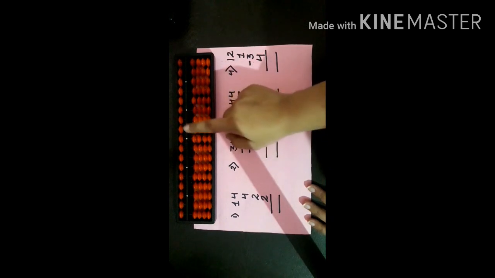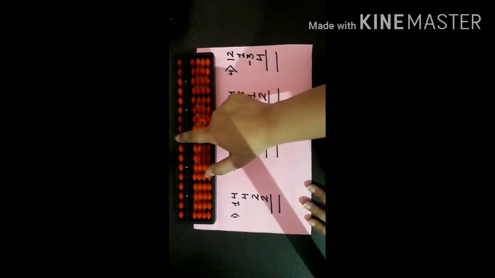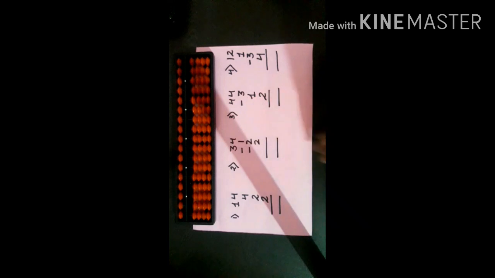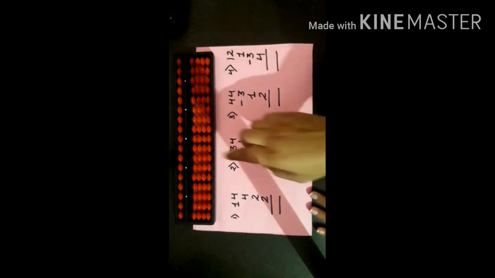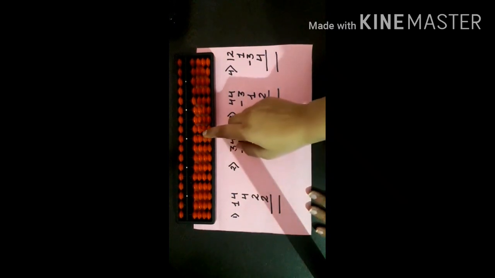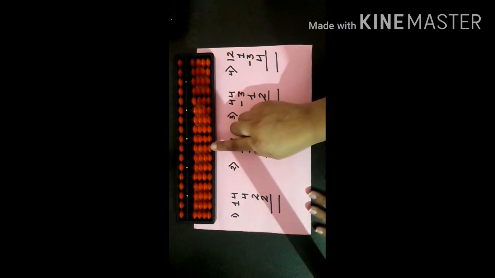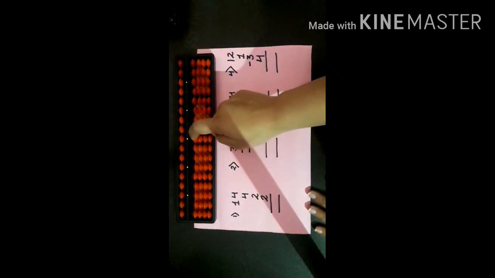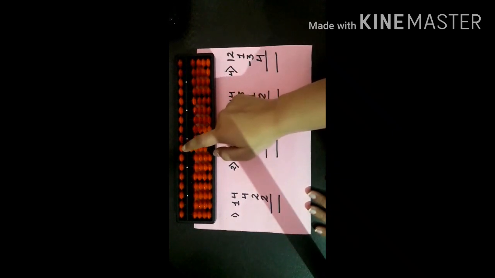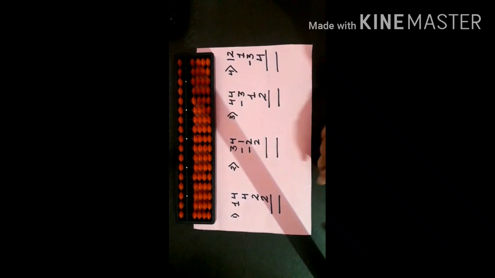It means we only have to use the lower beads, not the upper beads. The upper beads we will take afterwards in our next topics. Today we will only use the units rod and tens rod lower beads like 1, 2, 3, 4 and 10, 20, 30, 40.